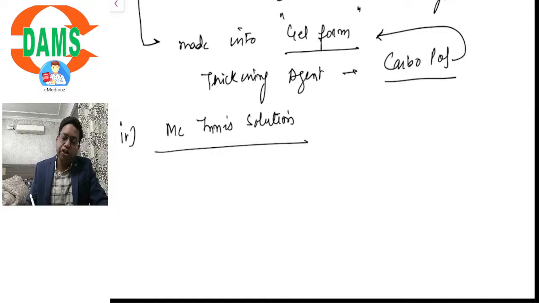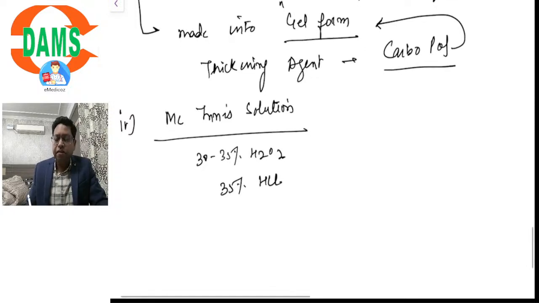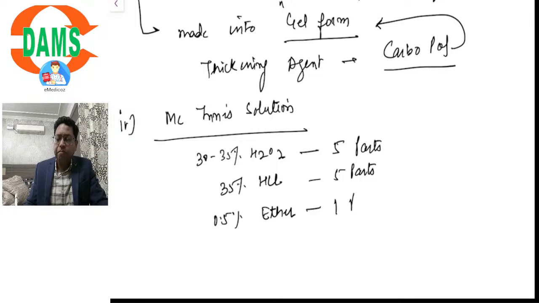It is basically a combination of 30 to 35% hydrogen peroxide plus 35% hydrochloric acid plus 0.5% ether, usually added in 5 parts, 5 parts, and 1 part. The ratio is 5 to 5 to 1 for hydrogen peroxide, hydrochloric acid, and ether.